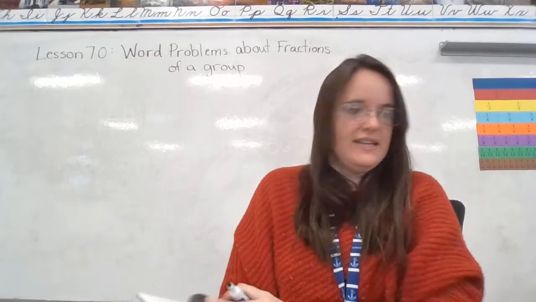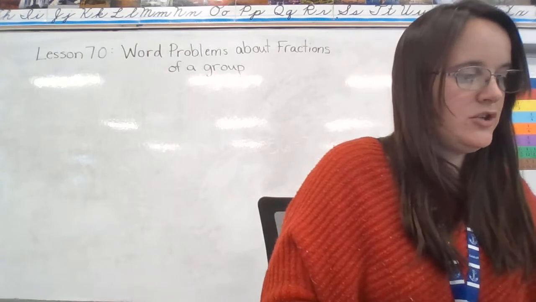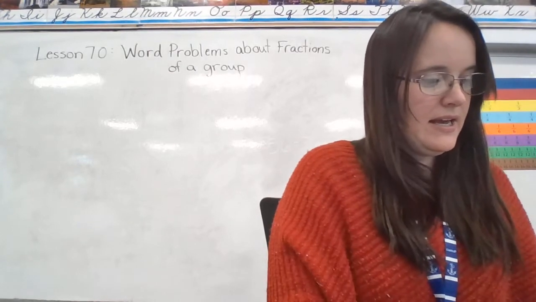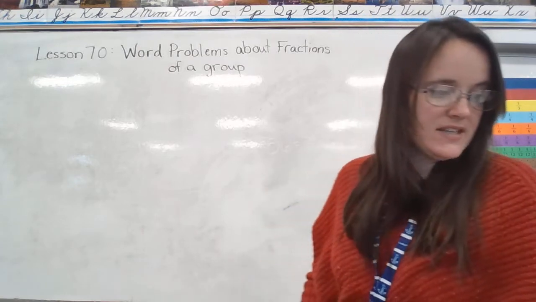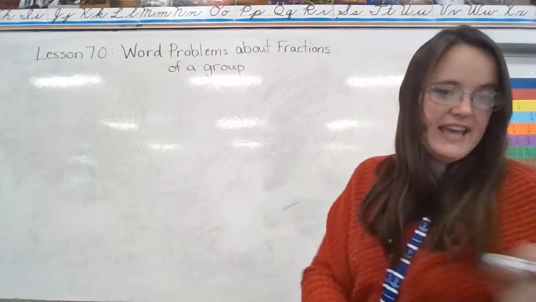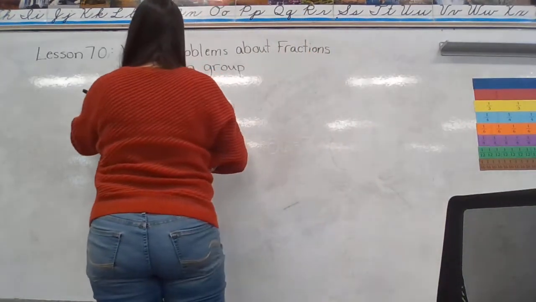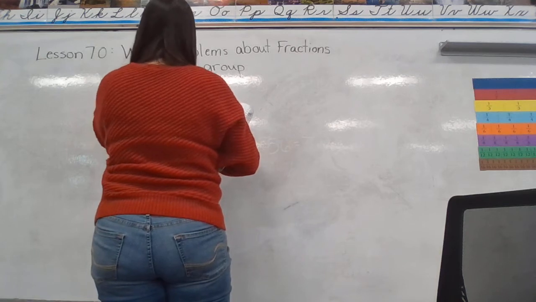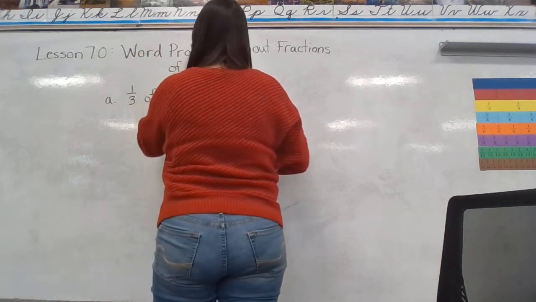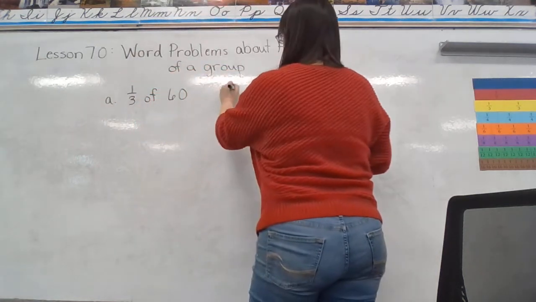All right. I am going to put most of your lesson practice on the board. It is on page 448 if you want to follow along. So A is 1/3 of 60.